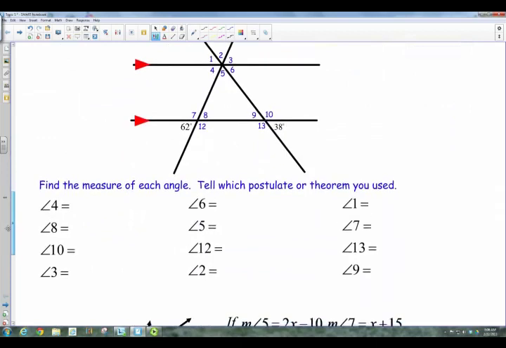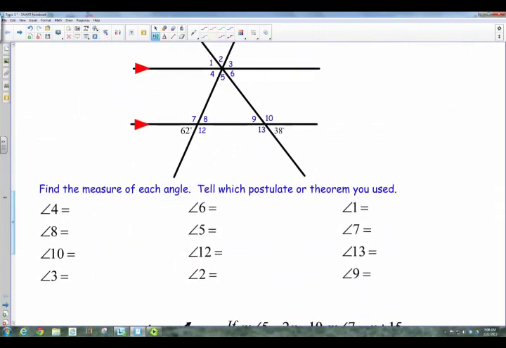Alright, so here's a pretty extensive problem. It says, find the measures of each angle, and tell which postulate or theorem you used. We've got some parallel lines here, and you also have a couple different markings that are given to you. We need to find the rest of these. The big key is that they have to be in relation to the parallel lines to work.